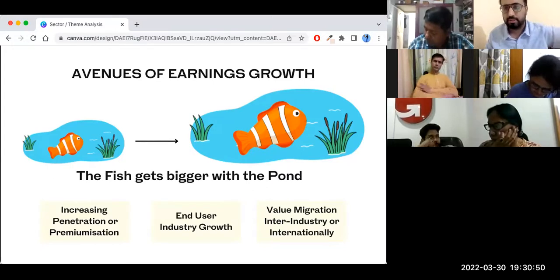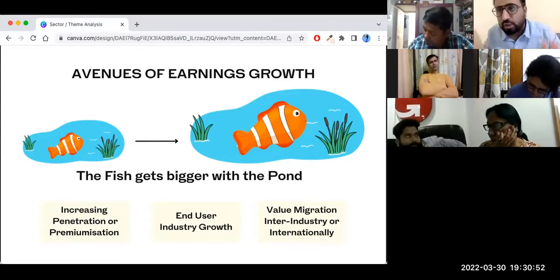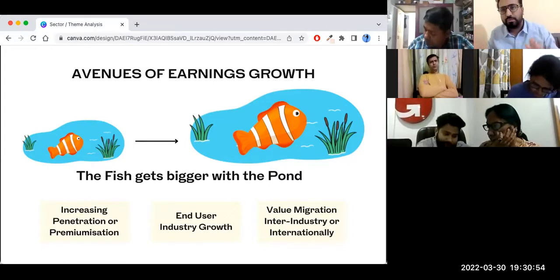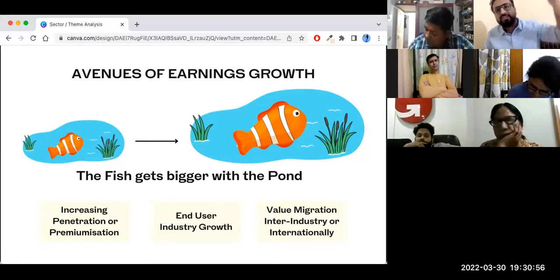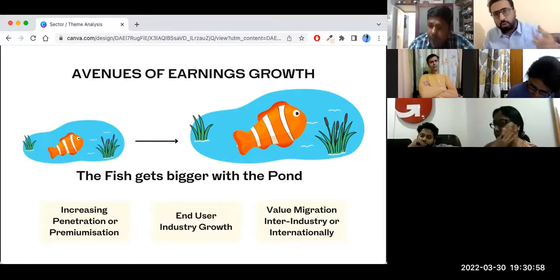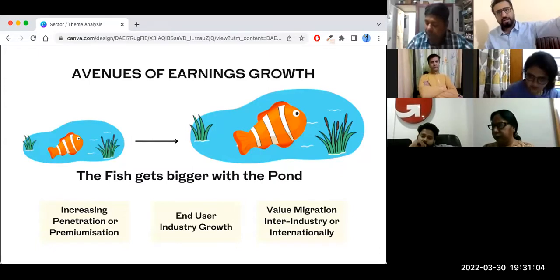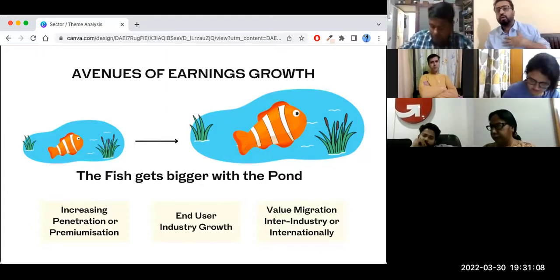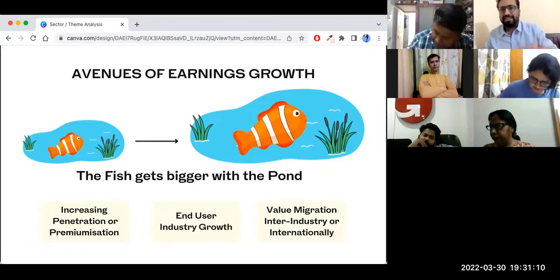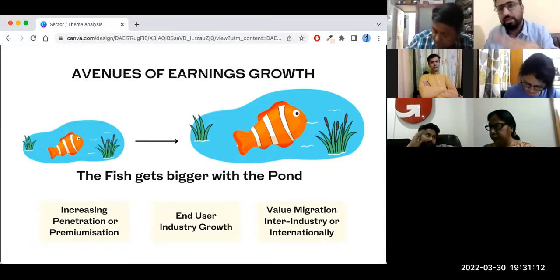Is it very fair to assume that when the auto industry grows, the demand for tires will also increase, because more and more cars will be manufactured, more tires will be required, and that will lead to my growth as well? This is what I mean by end user industry growth.